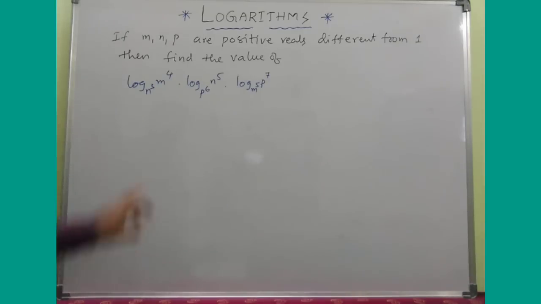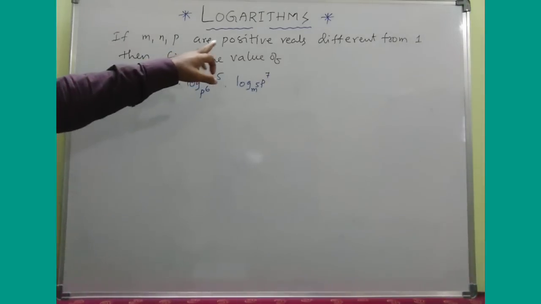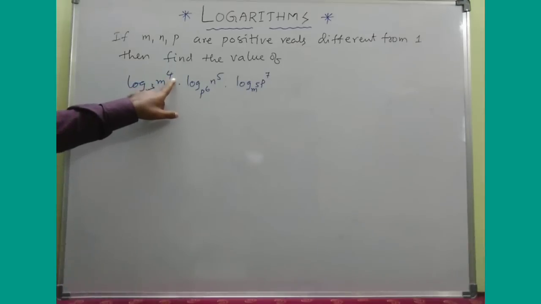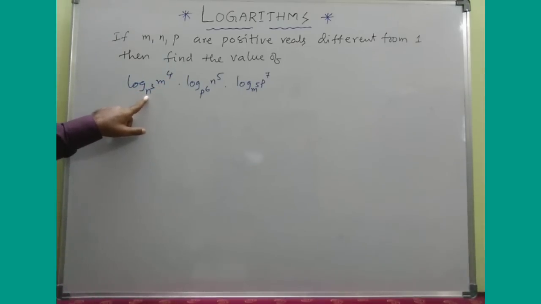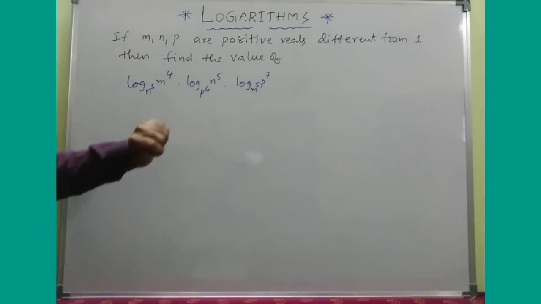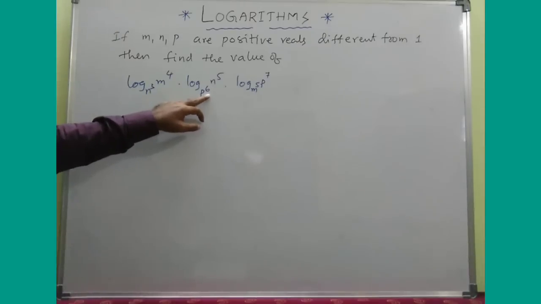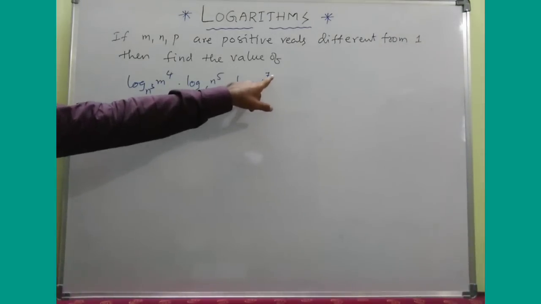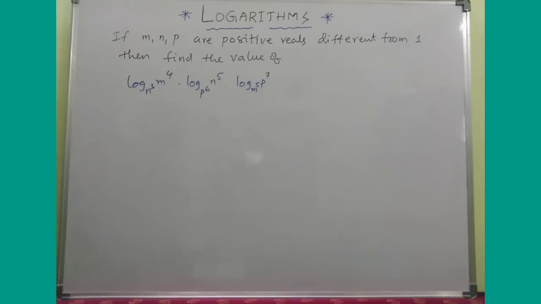If m, n, p are positive reals and different from 1, then find the value of log m power 4 to the base n power 3 into log n power 5 to the base p power 6 and log p power 7 to the base m power 5.